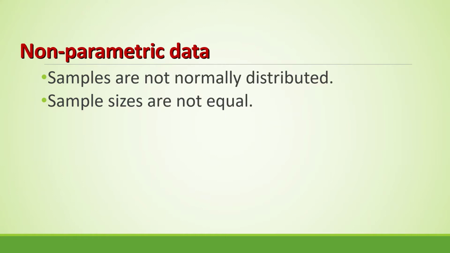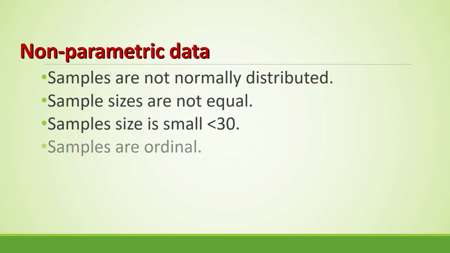The sample sizes are not equal, one sample is larger than the other. The sample size is very small, one of the samples is less than 30, or both of them. Then to do a comparison on them, you need a non-parametric test.